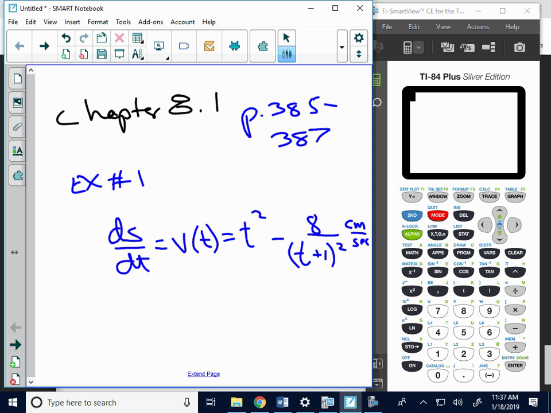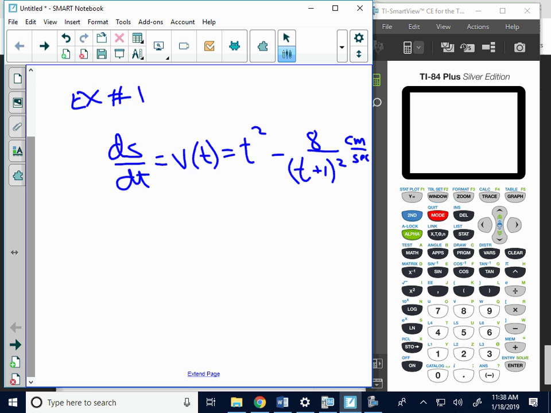Okay? And it says this is valid for t values between 0 and 5. And then it says describe the motion.